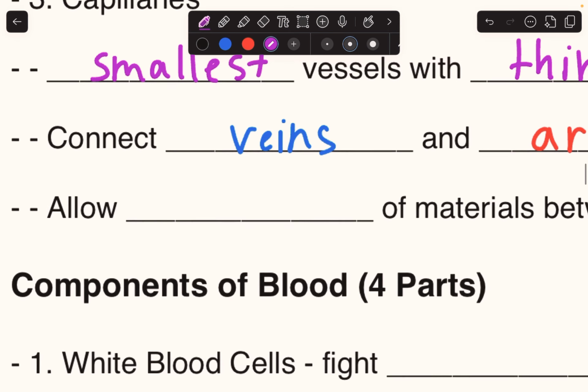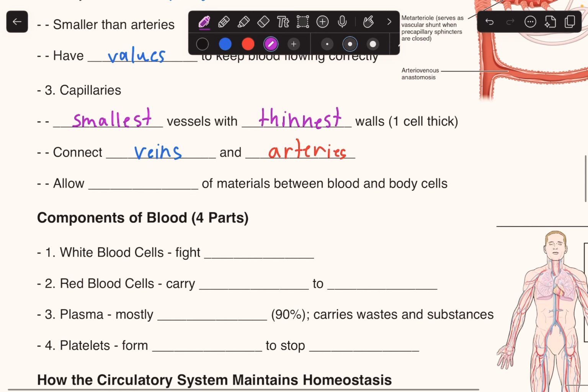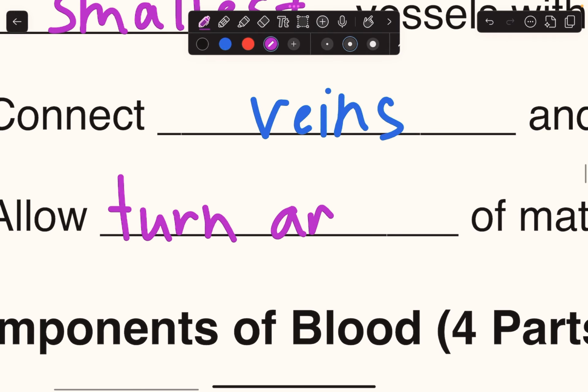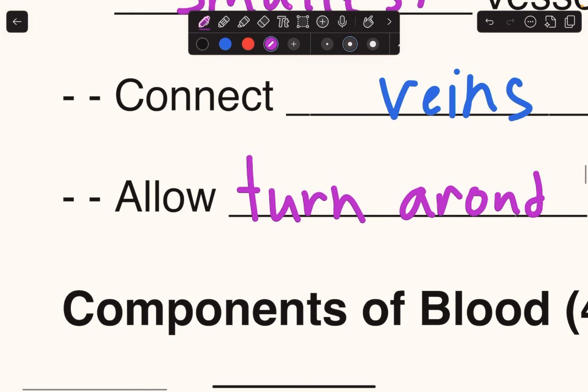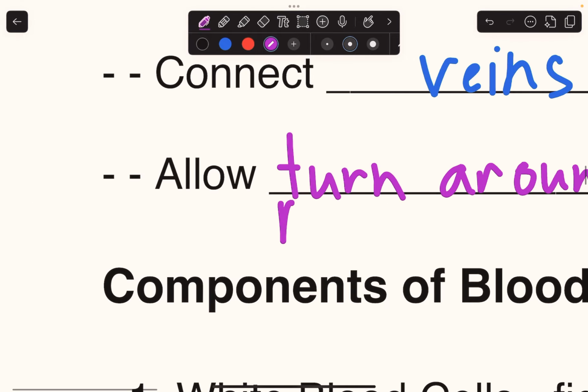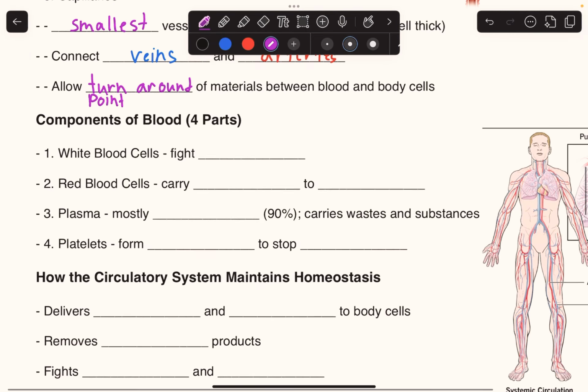They allow a connecting point, like a turnaround point, basically, a turnaround point of material between blood and body cells.